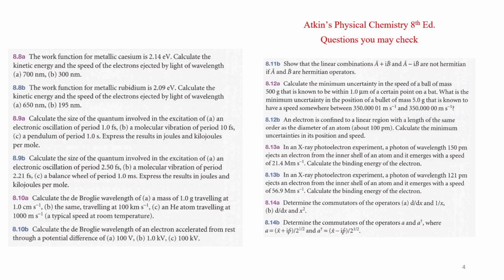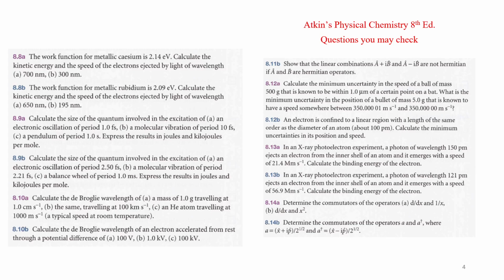One can do the calculation, but as the values are close, the energy of 650 nanometer wavelength will be lesser than the work function given. So the electron will be ejected only with the 195 nanometer wavelength in the second problem. That is up to the students to do.